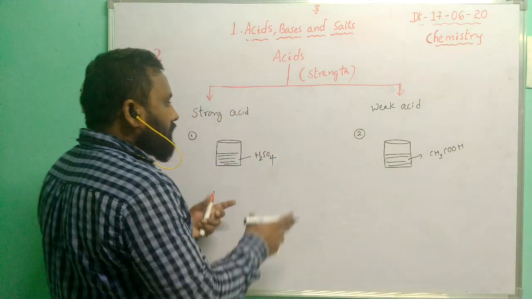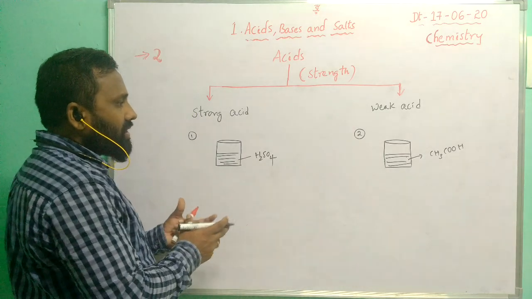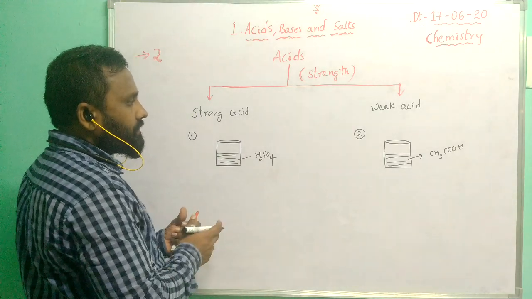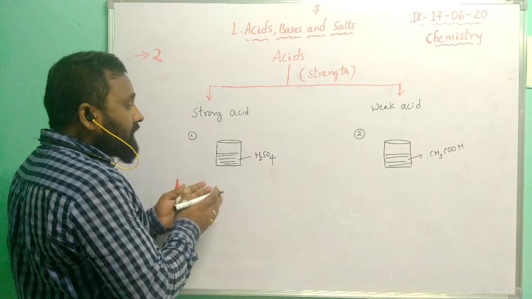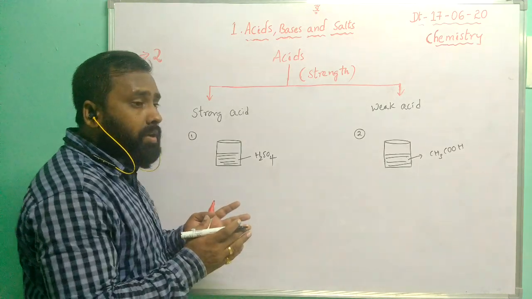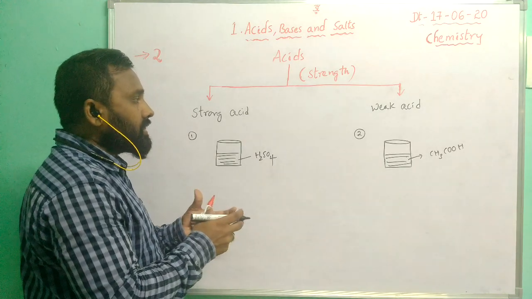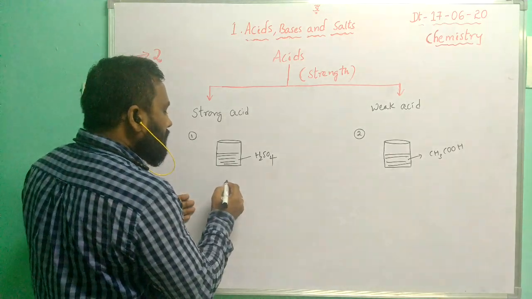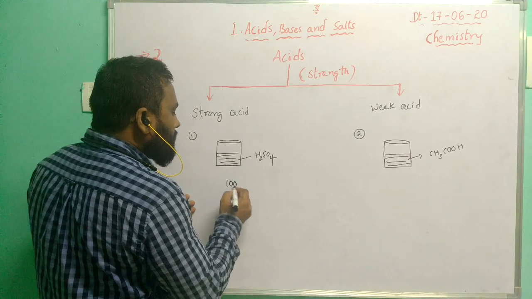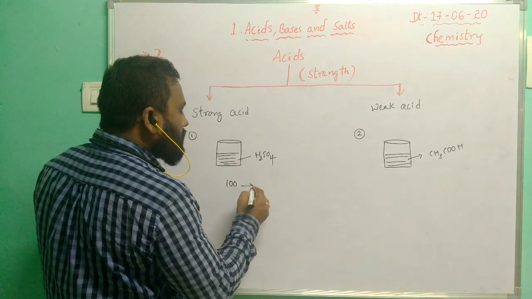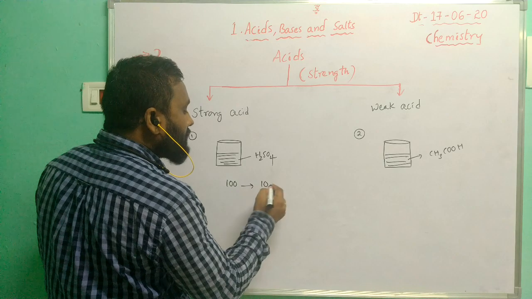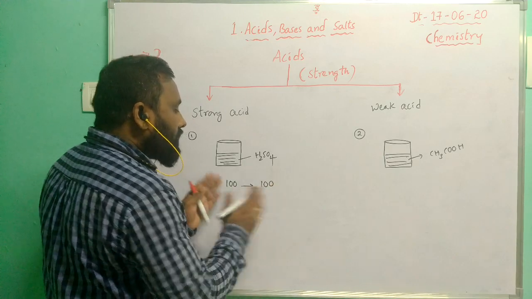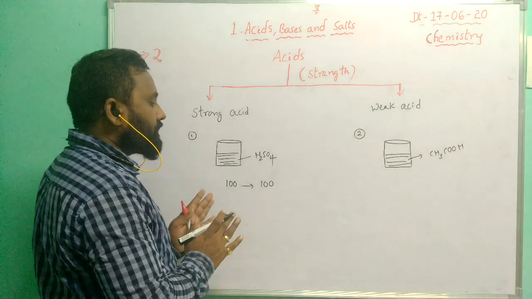In both cases, which one is the strong acid and which one is the weak acid? Which acid is completely ionized, such type of acid is called strong acid. Here 100 molecules are completely ionized, completely converted into 100 ions, splits 100%.